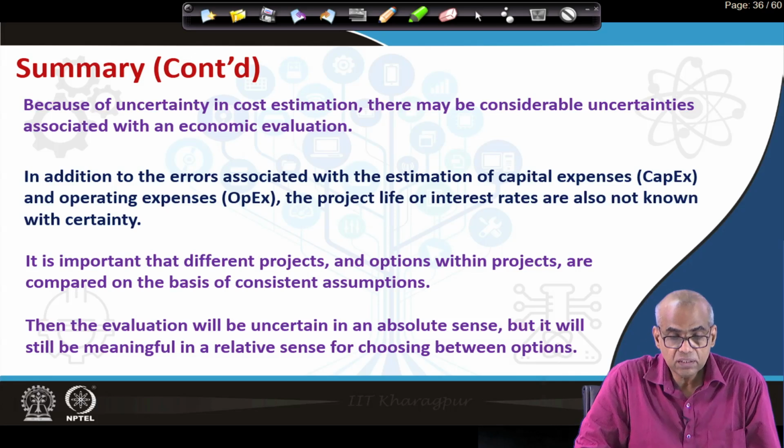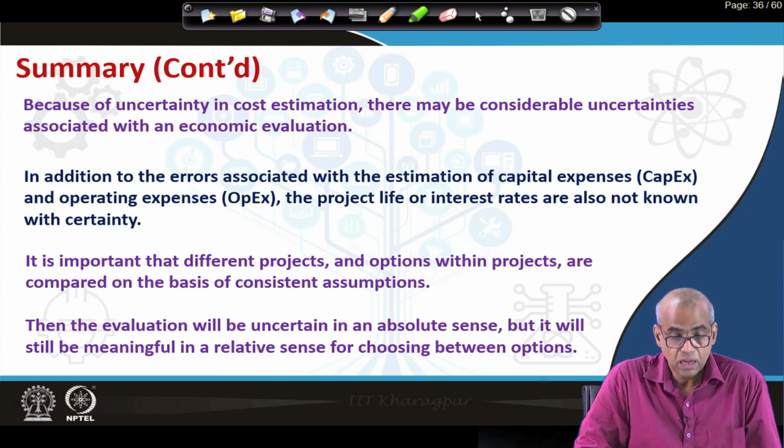Because of uncertainty in cost estimation, there may be considerable uncertainties associated with an economic evaluation. In addition to the errors associated with the estimation of capital expenses, also known as CAPEX, and operating expenses, known as OPEX, the project life and interest rates are also known with less certainty.